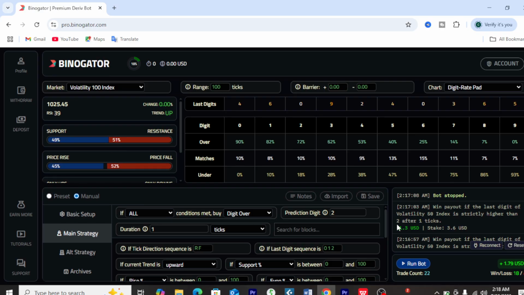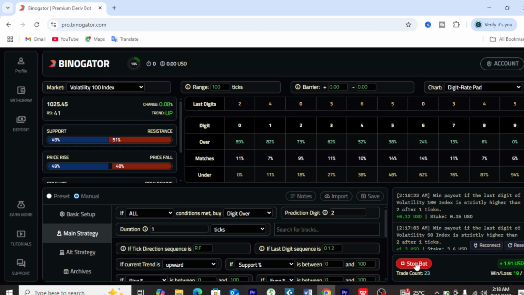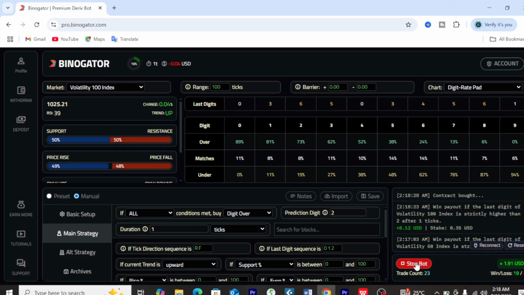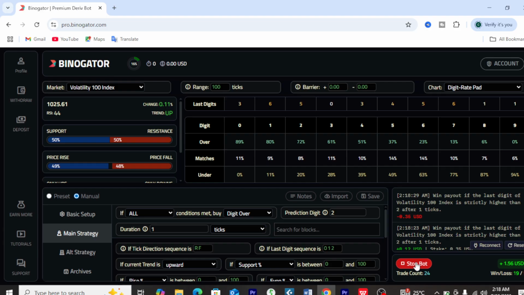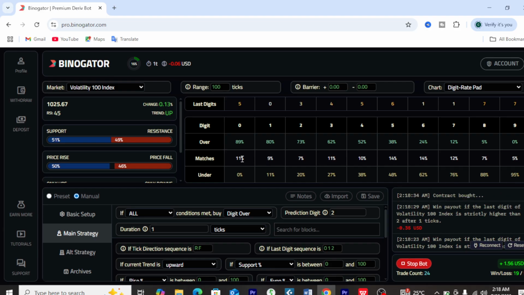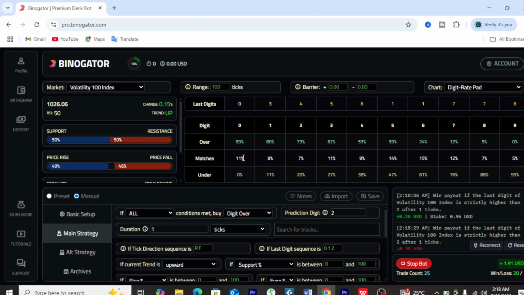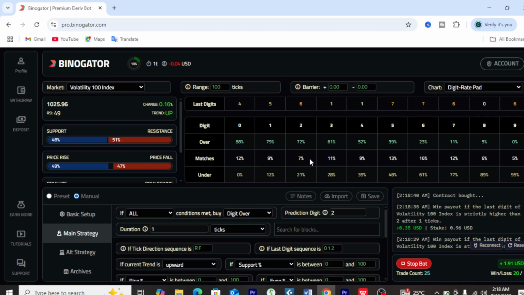Okay, I can use this. So I'm still running the bot again. If you keep doing it like this, the chances that you are going to get 0, 1, or 2 is going to be slim.